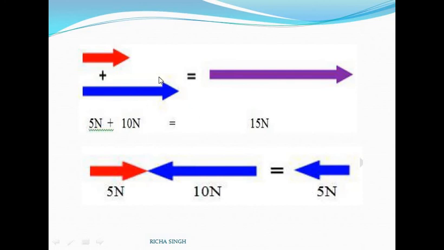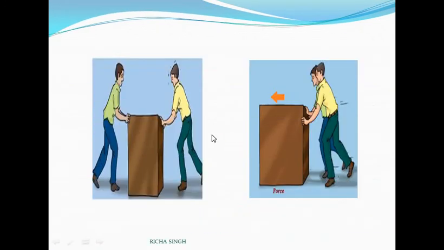When the direction of two or more forces is the same, then the resultant force is addition. See this picture? Here, two boys are pushing this box in opposite directions. So the resultant force will be 0 because we will subtract the forces and therefore the box will not move.